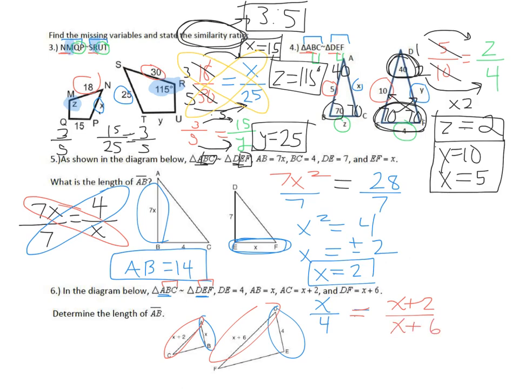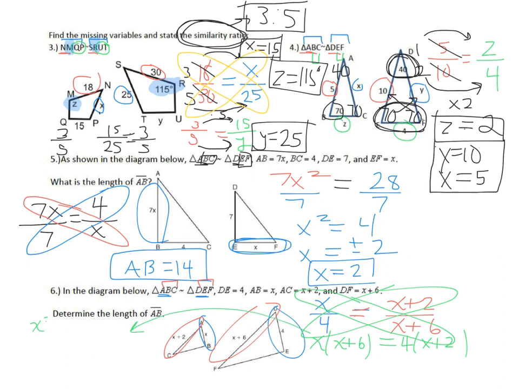And again, we're going to cross multiply. So we're going to show that this cross product, which is x times x plus 6, equals this cross product, which is 4 times x plus 2. All right, so if we can distribute, I'm just going to move over here as I show my work. It's x squared plus 6x equals 4x plus 8.